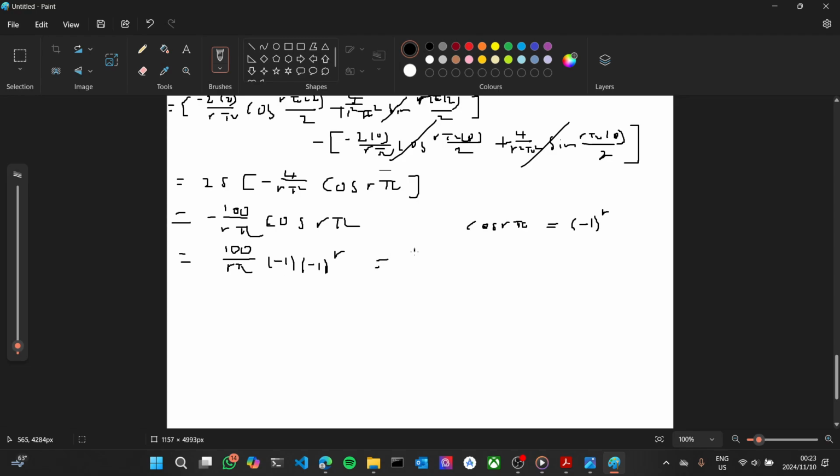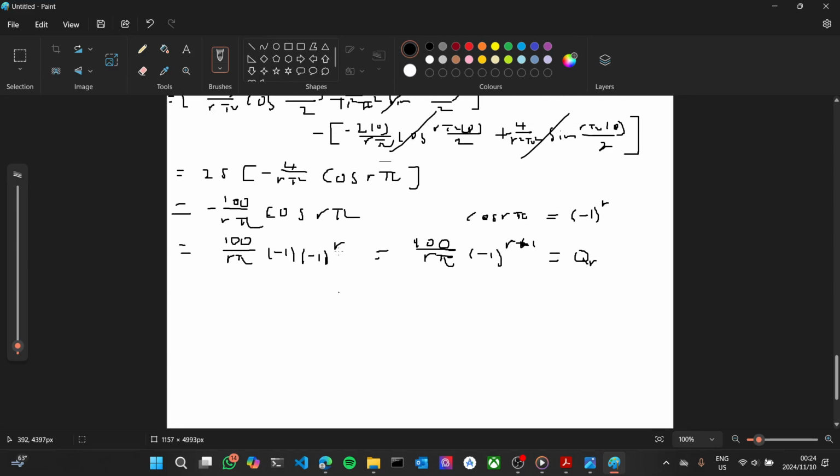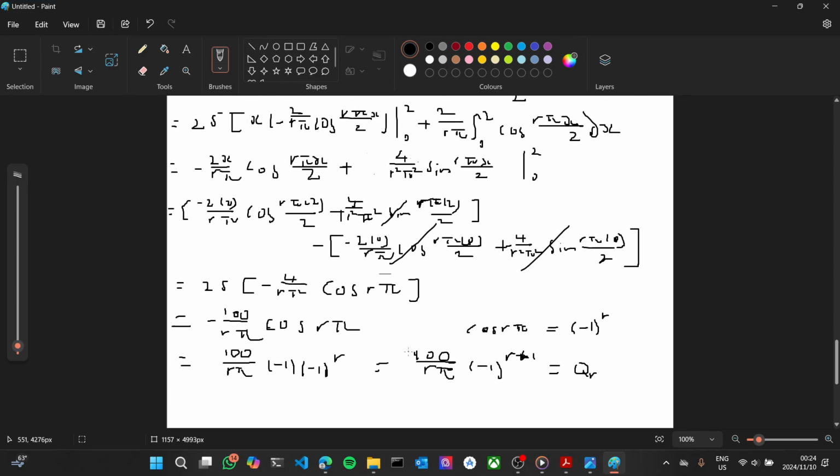That'll give you 100 over r pi times (-1) to the r plus 1. Okay, and that is our constant q of r.